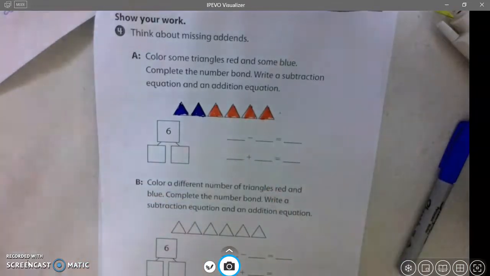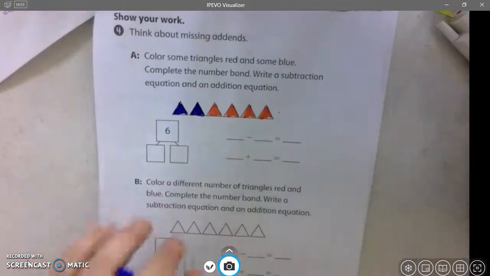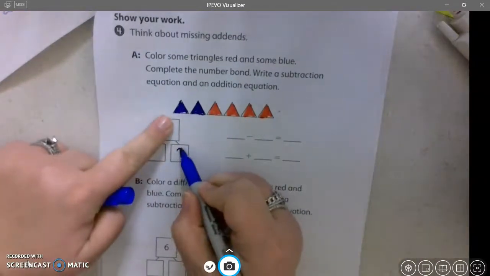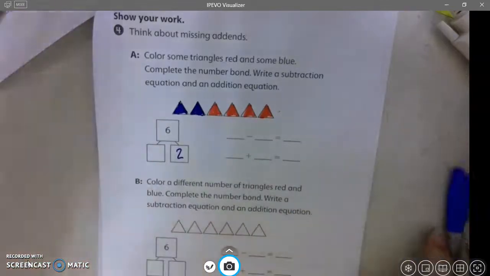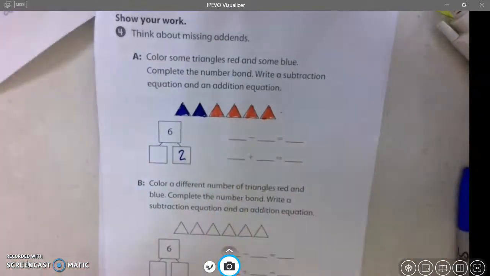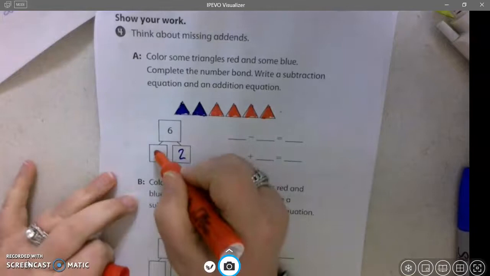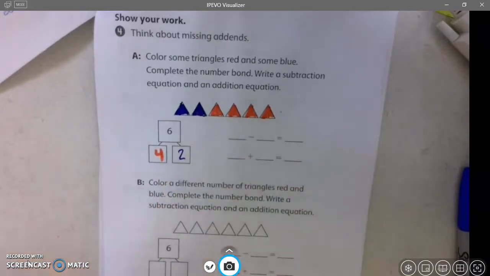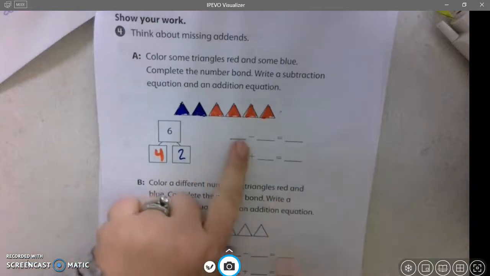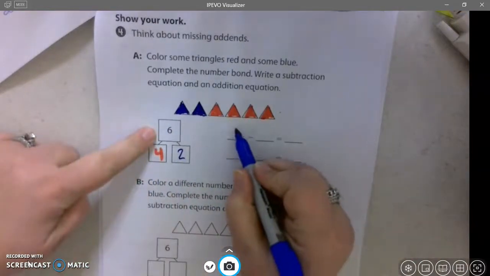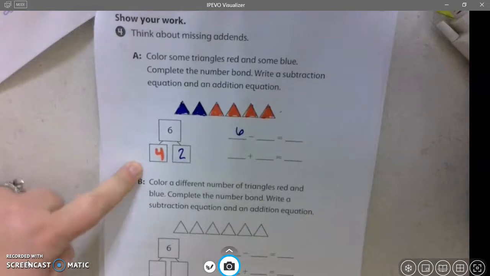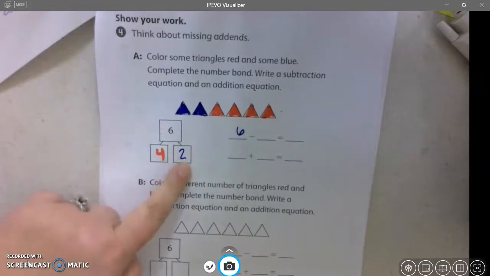Okay. Fill in our parts. We have 2 blue and 4 red. Okay? So, a subtraction equation has to start with 6, can be 6 minus 4 or 6 minus 2.